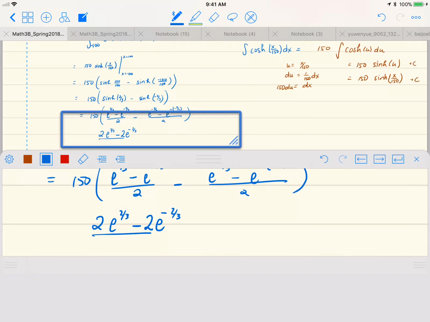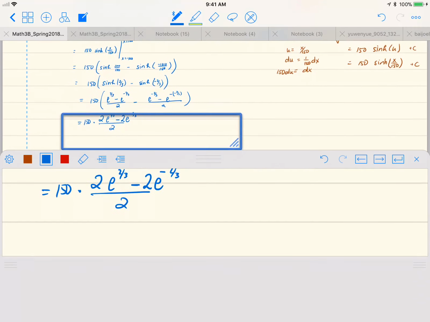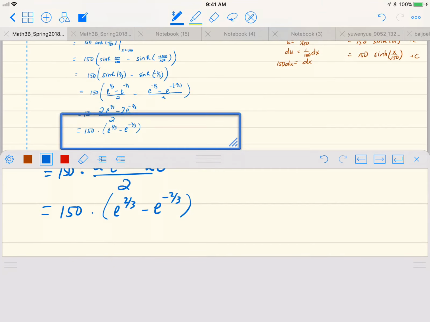And then all of this is over 2, and the 2's cancel out. So we have 150 times e to the 2/3 minus e to the negative 2/3, which when we plug it into the calculator, we should get approximately 215 feet.